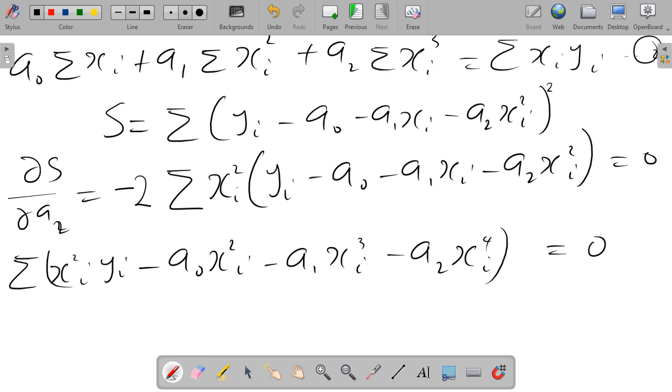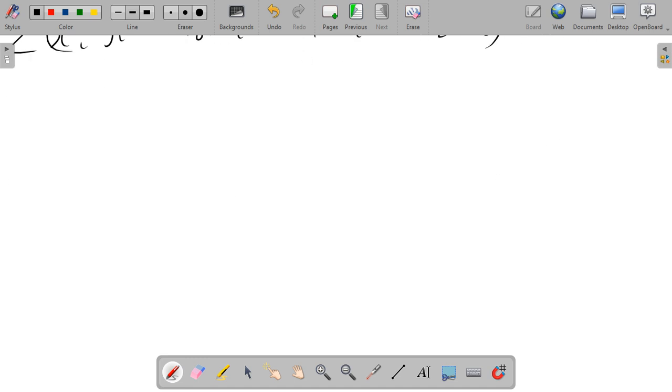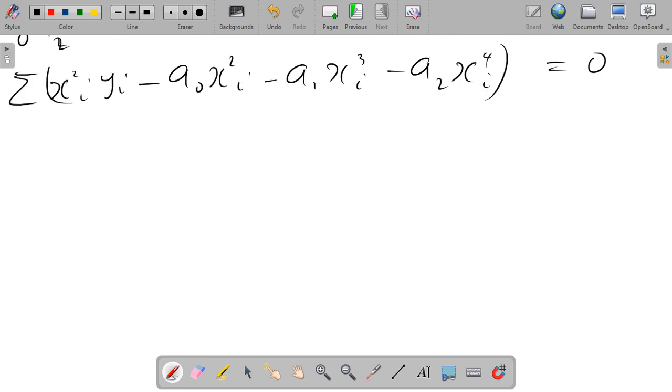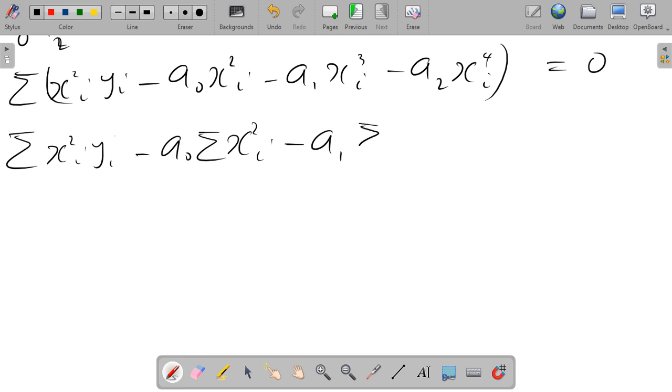If you share the summation for them, I'm going to be having the summation of x squared i yi, minus a0 summation x squared i, minus a1 summation x cubed i, then minus a2 summation x to the 4 i is equal to 0.